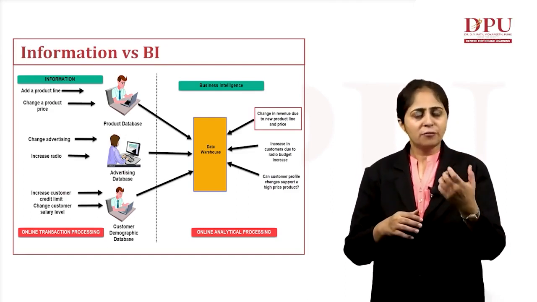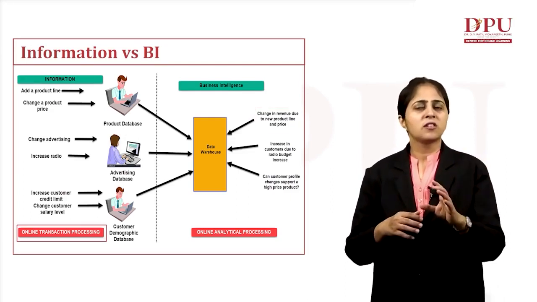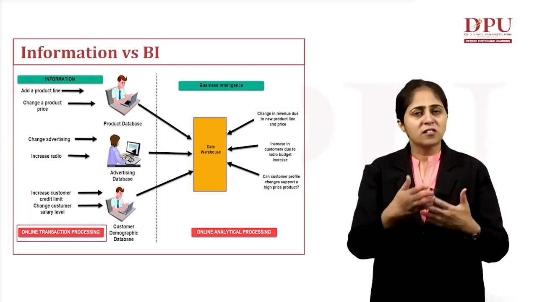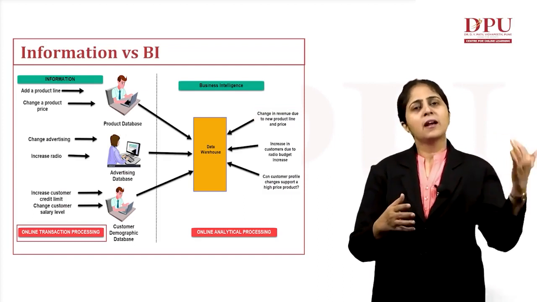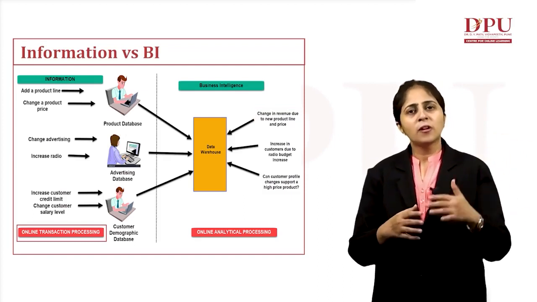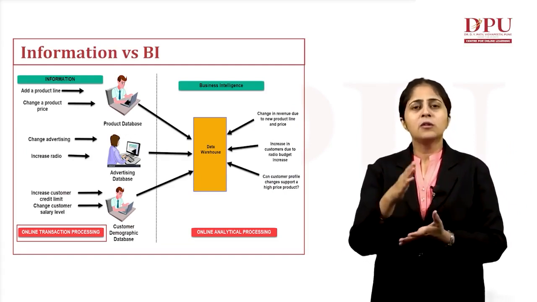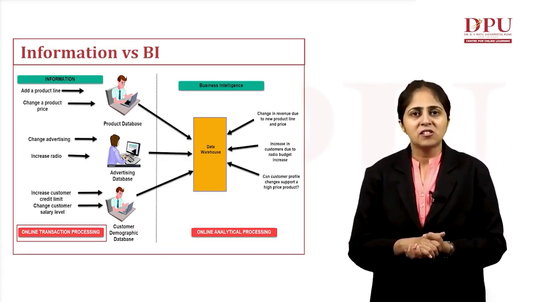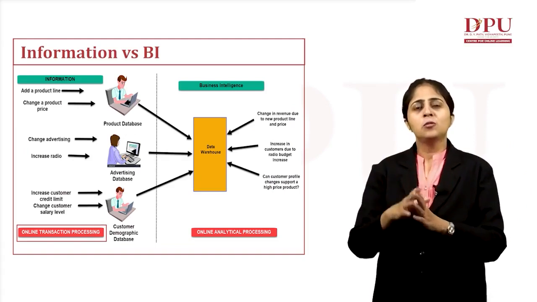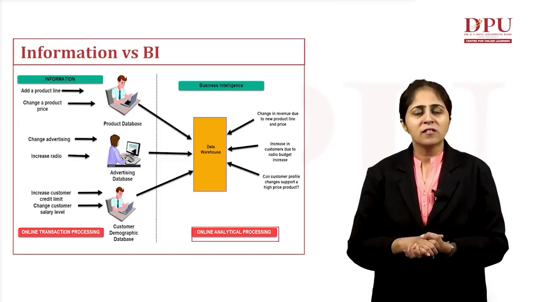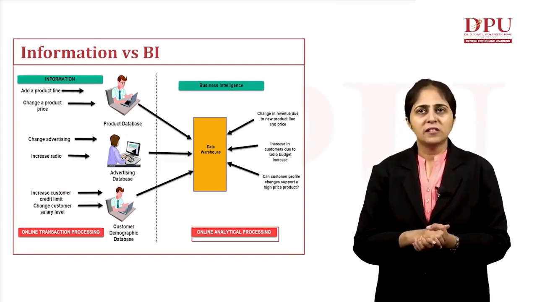The first one is called online transaction processing, in which the general transactions take place. That means we can add a new product line, we can change a product price. All these things happen. Now, how are they going to work for the organization? That we need to gather using online analytical processing, using the business intelligence tool.